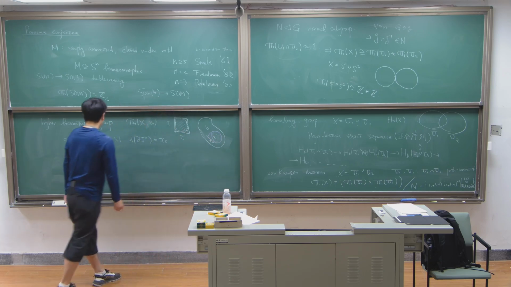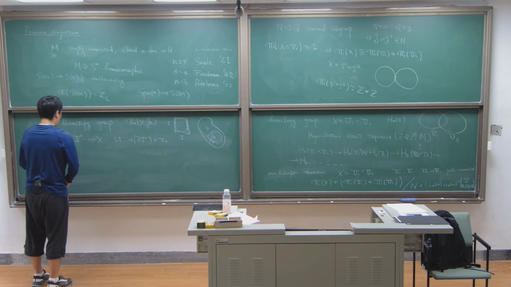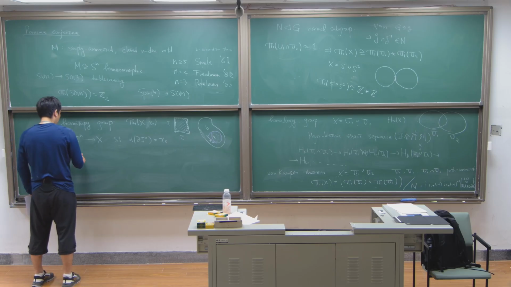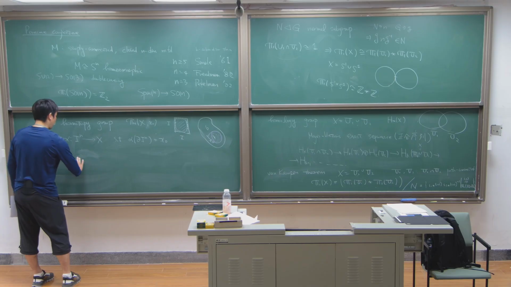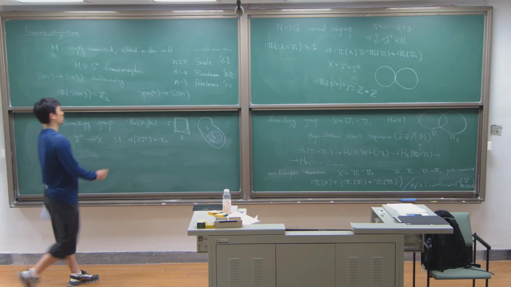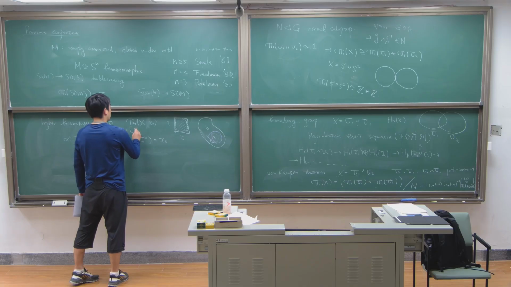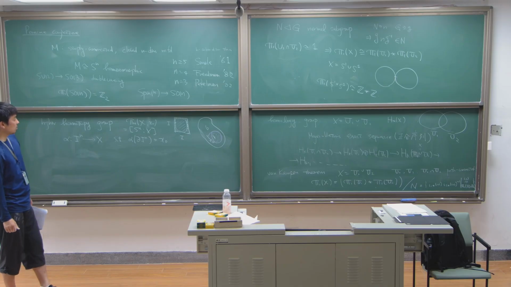And then you consider everything up to homotopy. Therefore, essentially pi n is the group, up to homotopy, of maps from S^n to X.